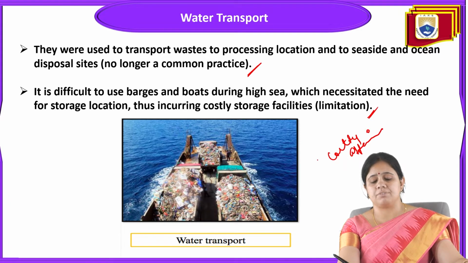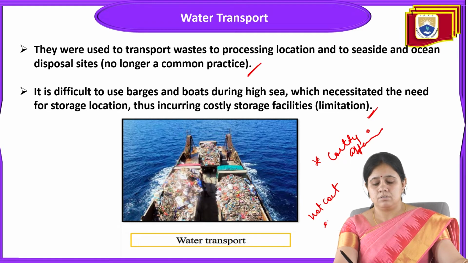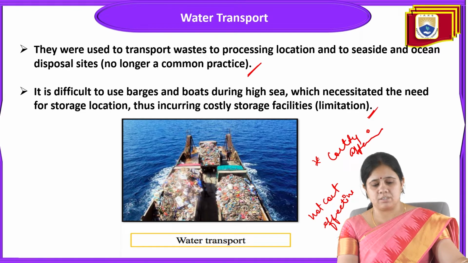It is not cost effective, and it is difficult to use barrels and boats during the high sea, which necessitated the need for storage locations, thus incurring costly storage facilities also.